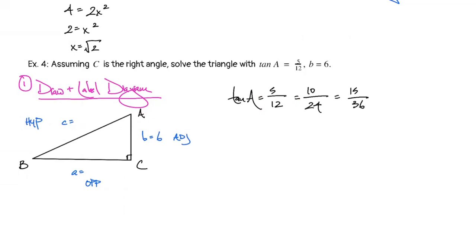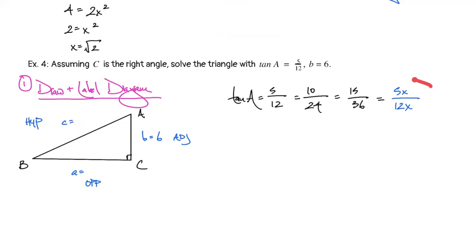All of these are possible answers, and there's even more. We could keep multiplying and get a bunch of different answers. But the issue here is that we don't know which one. And so that's when we say, okay, let's just call it 5x and 12x, because I don't know what ratio I multiplied by.